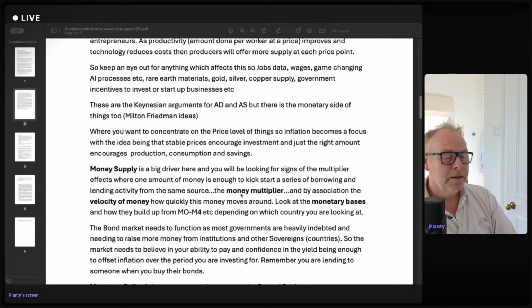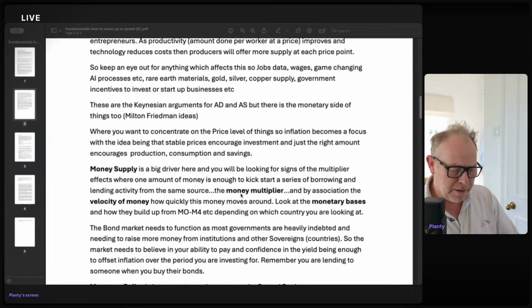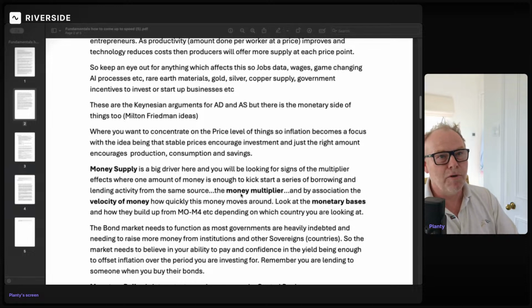That's the money multiplier. We need to keep an eye out for that, because generally, when the money's going around lots and lots of times, that means that the economy is working well. People are investing and borrowing. And at the moment in the US, there's an argument going on about the amount of loans and whether that should be seen as a worrying thing, because there's a lot of indebtedness. But actually, the serviceability of it, the money people have, and the fact they're employed at quite a reasonable level is meaning that that's a good sign.